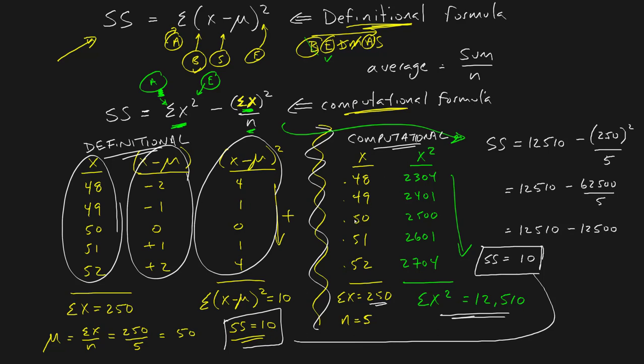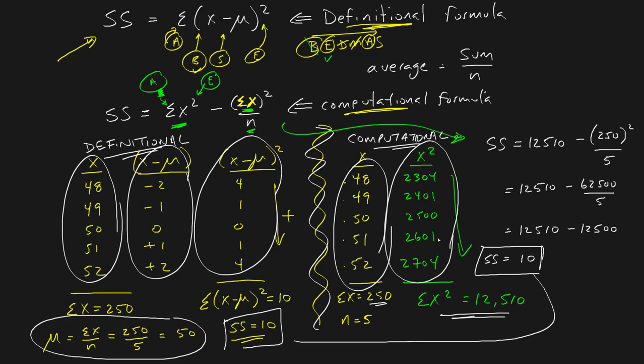With computational, we had our raw data, which we added up, but we didn't have to find the mean, and we didn't find deviations. We just had one other column, and then we jumped right into substituting things into our sum of squares formula. So it was a little bit less work.